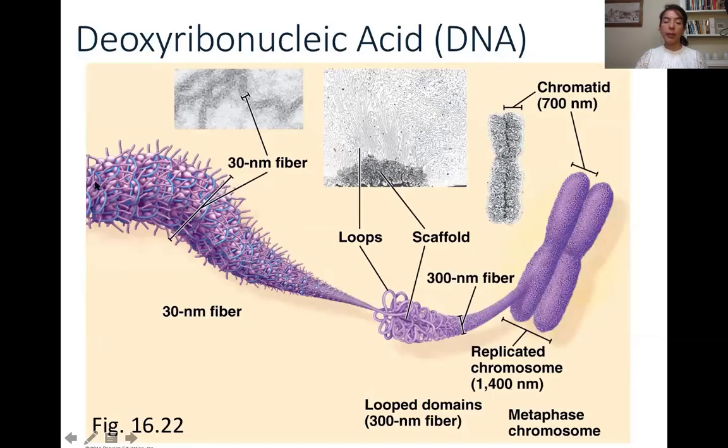You can keep twisting and twisting the DNA until you reduce this very, very long piece of DNA into a very short space. And the maximum condensation of the DNA is going to be achieved during metaphase. This is the chromosome in metaphase. And this is the maximum condensation, right?